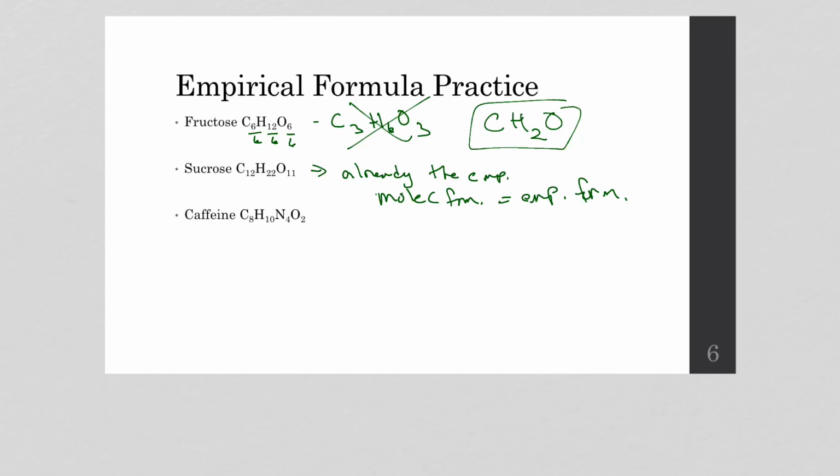And we look at our last example here. It turns out we can divide each of these by 2 as the biggest factor. If we do that, we end up with C2H5NO as... actually, we end up with the empirical formula shown. So that's just a little bit of practice on the difference between molecular formula and empirical formula.